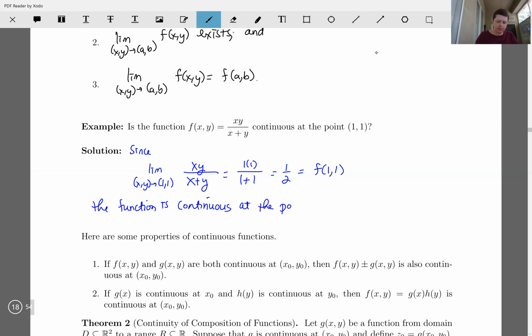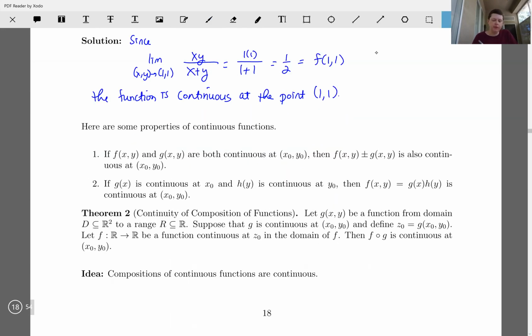There are a couple of properties of continuous functions that we would like to talk about. If I have two functions that are continuous at a point, then the sum or difference of those functions is also continuous at that point. If I have a function g of x continuous at a point x naught and h of y continuous at a point y naught, then the function f of x, y that's the product of g and h is also continuous at the point (x naught, y naught).